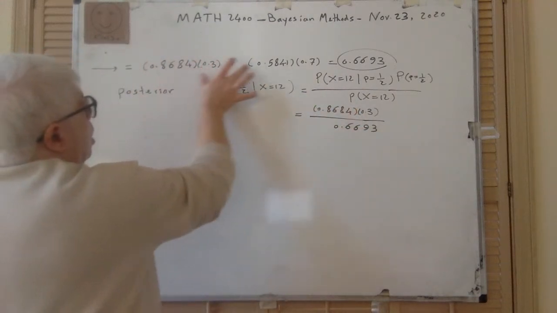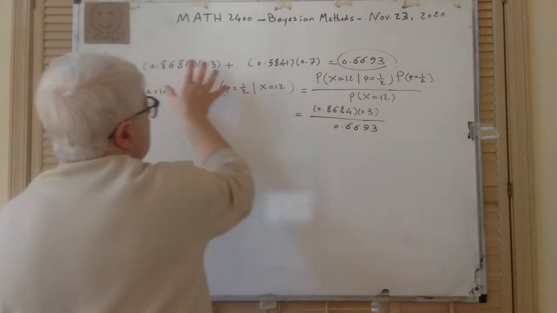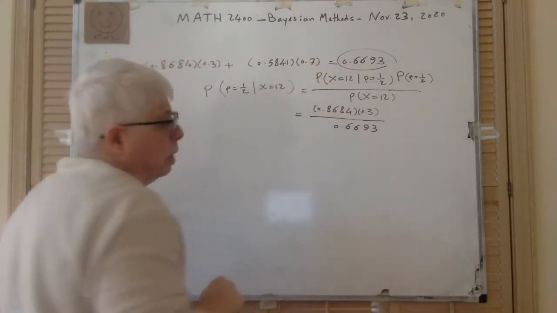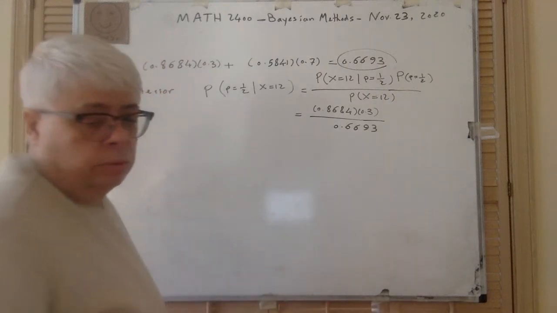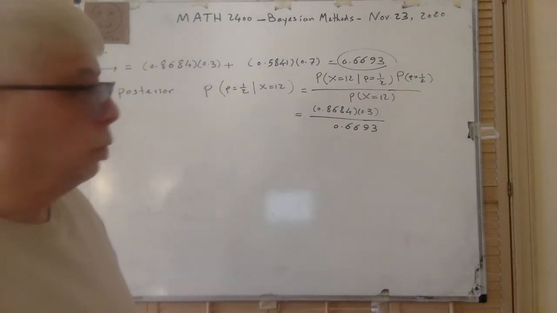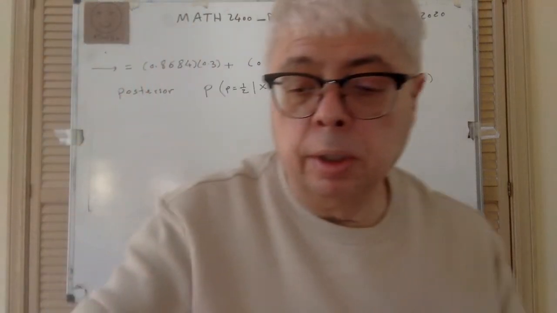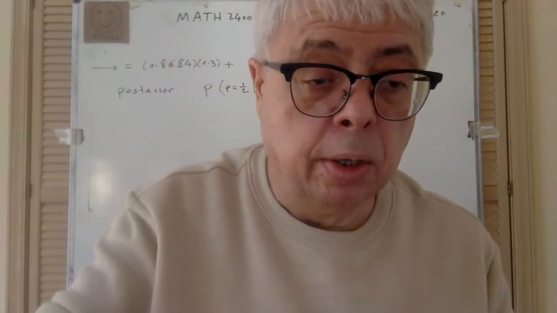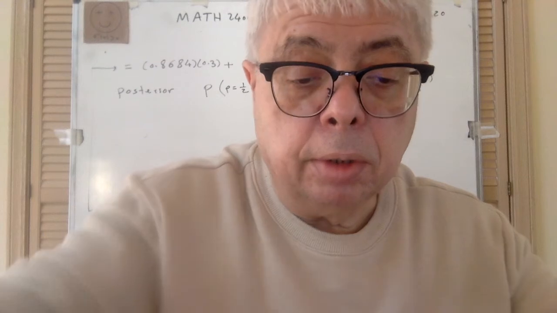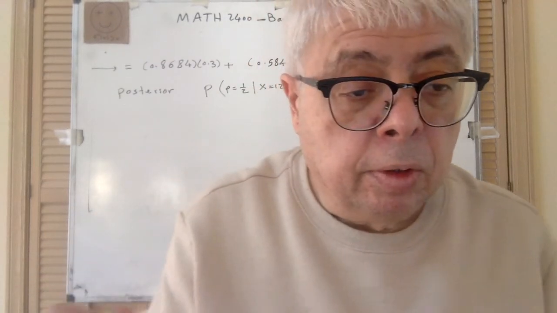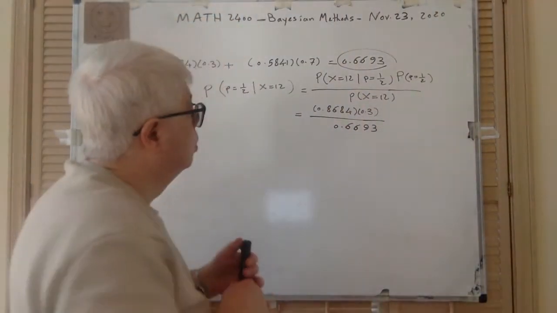This added to this gives me this. So if I divide this by this, I will get a number between 0 and 1. In fact, it's positive and less than 1. So let's find it. Divided by 0.6693, 0.3892.